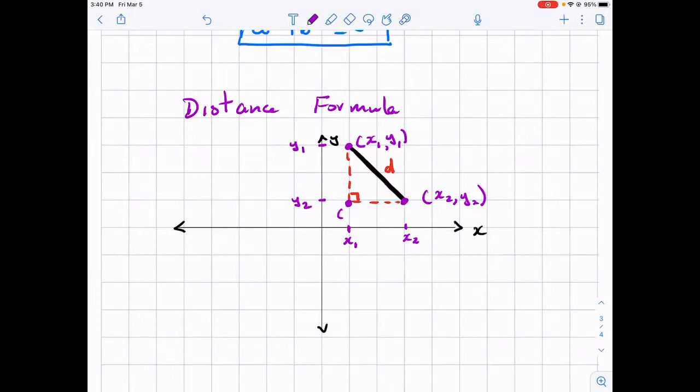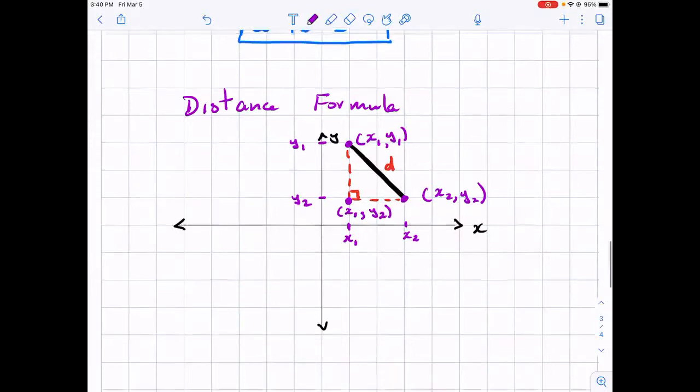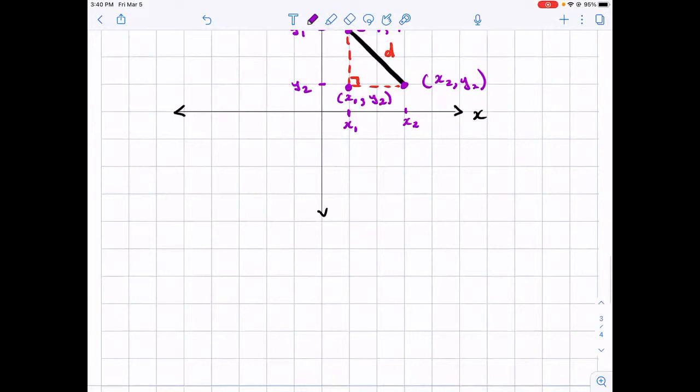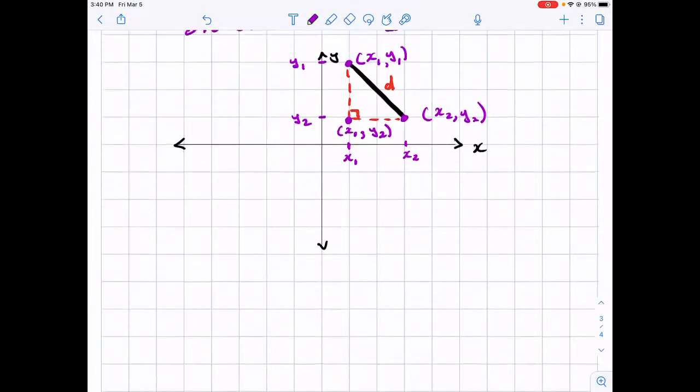So this point here is really the point x1 comma y2. So if we use Pythagorean theorem, which says d, this side here, squared is equal to this side plus this side squared, the two shorter legs.